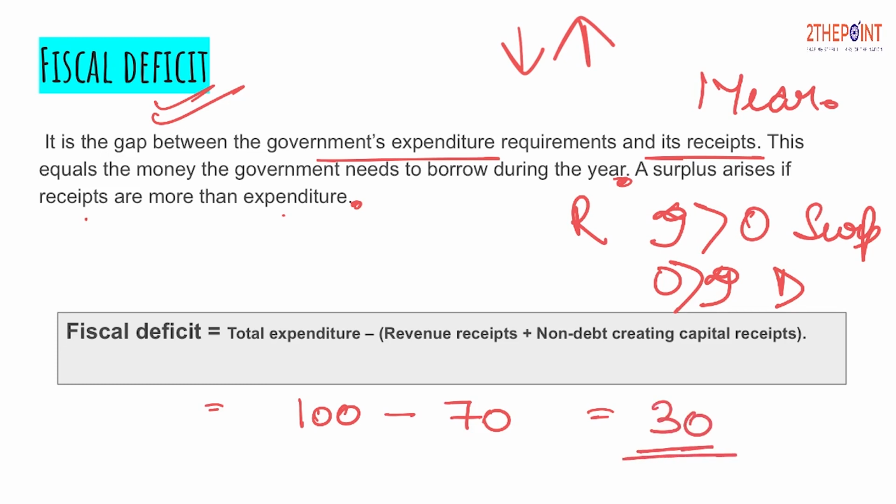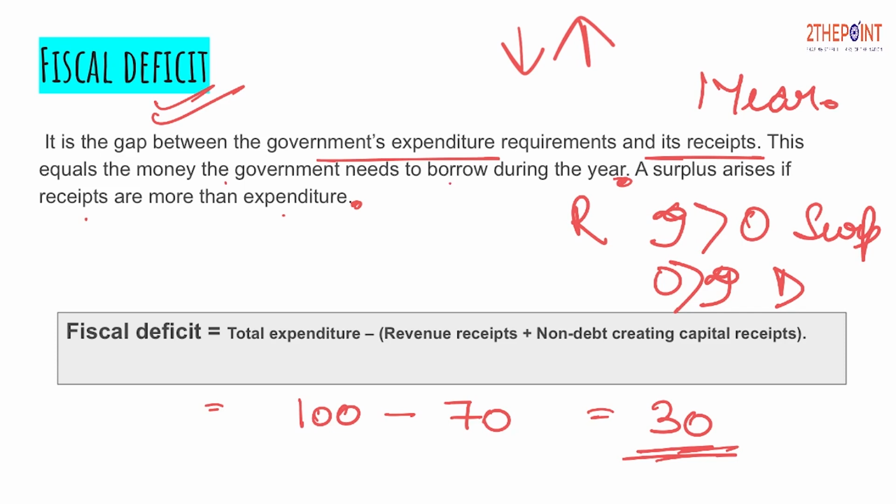Now this 30 has to be repaid by the government, because it has been spent by way of borrowing from some party. So this 30 represents the borrowing needs of the government, as the government needs to borrow this 30 rupees and pay it back to whomsoever it has taken from. So as it is written, this equals the money the government needs to borrow during a year.